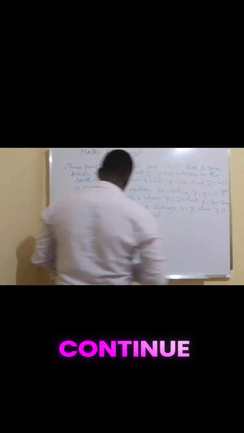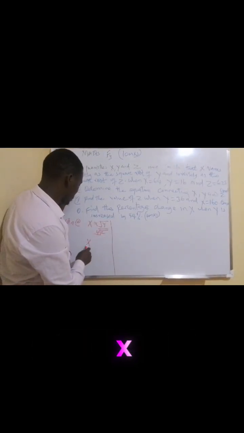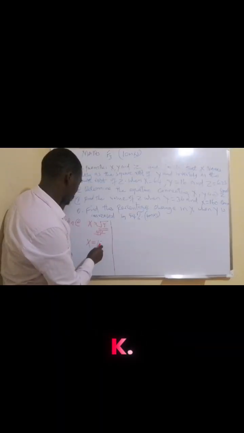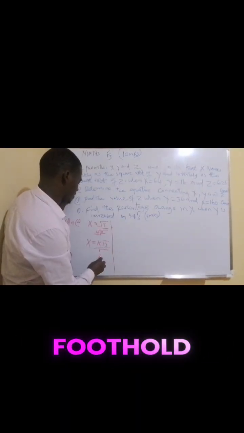So we are going to continue and say now from here we introduce a constant. Say x equals k times the square root of y over the 4th root of z.